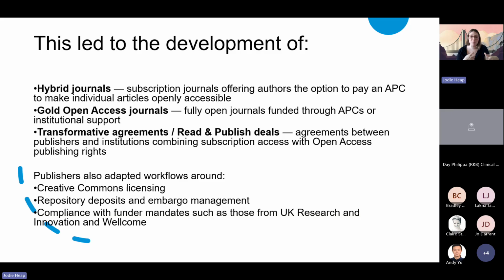And within this, we need to include things such as Creative Commons licensing. So copyright law is quite a big element of all this, and I will touch on that a little bit briefly later on. We've got things such as repository deposits and embargo management. How do we have access to materials? At what point in the publication process do we hand over the copyright of something?